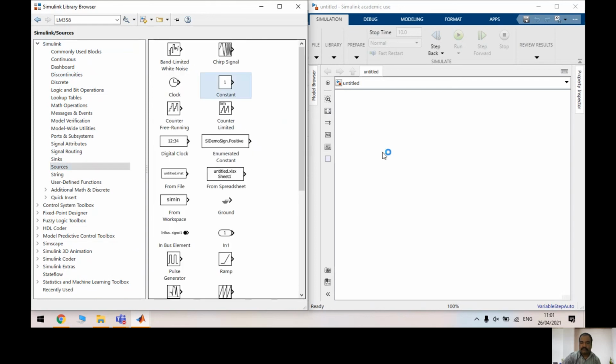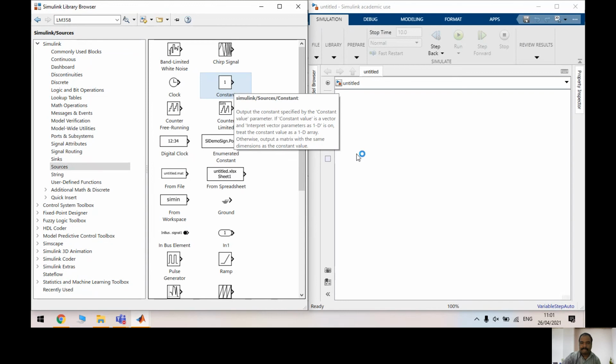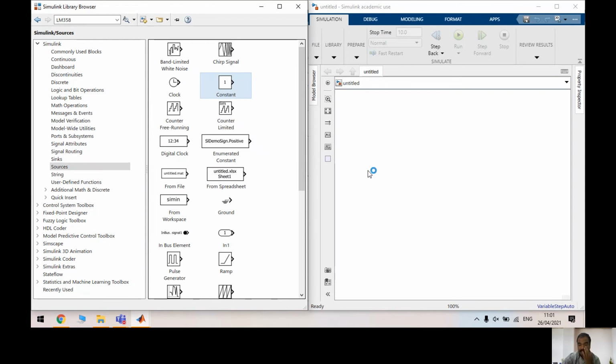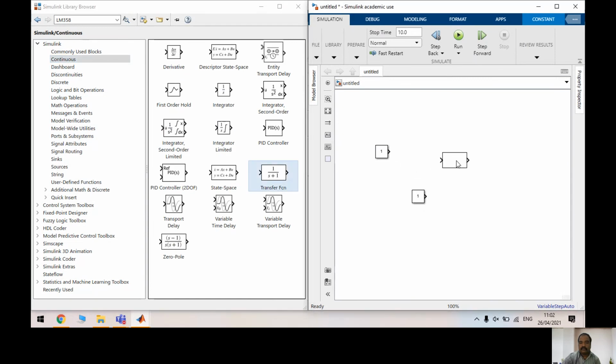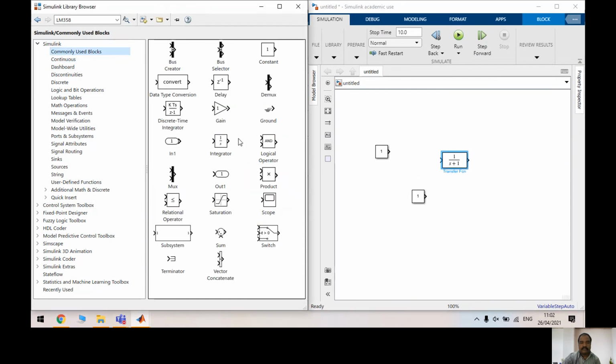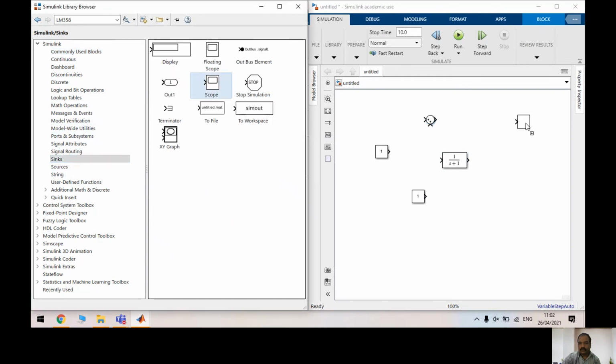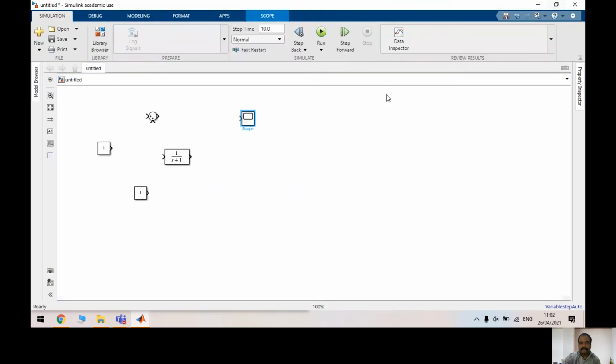Yeah, I need 2 constants. Two inputs, and I also need a transfer function model, which I can find in the continuous block, right? And I may also need a summer. Yeah, this is a summer, and I'll be also needing a scope, isn't it? Now, if you carefully see.